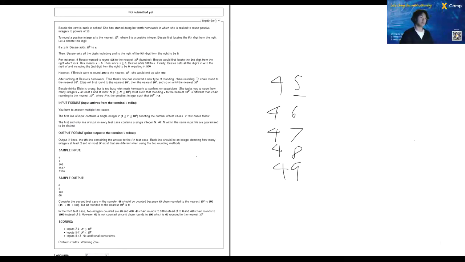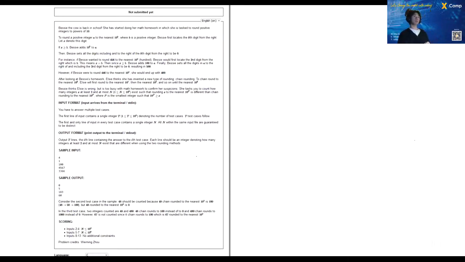Let's continue trying out even more examples. Next, numbers with 3 digits. Let's just take 100. For the hundreds digit, numbers like 100, 200, 300 are still going to round down to 0 instead of up to 1000, obviously.